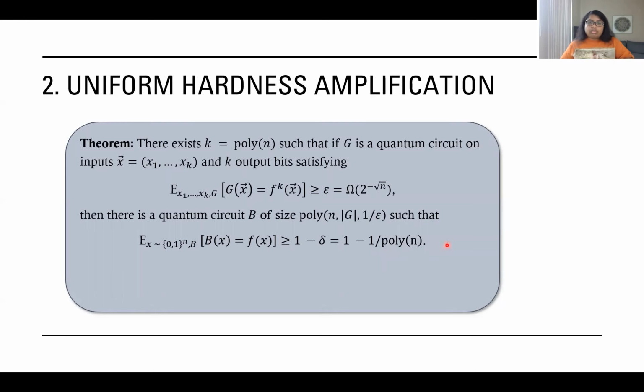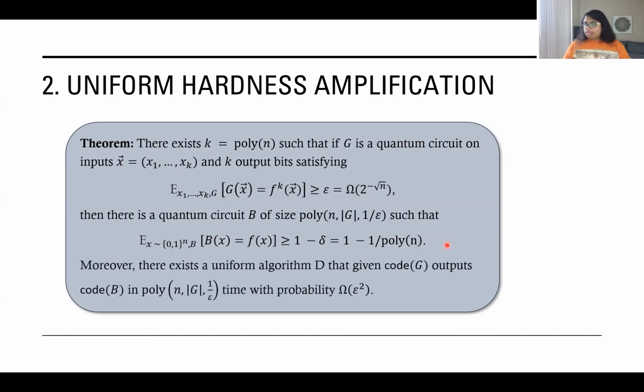So I can solve it with very high probability. Just for technical reasons, because you want this recipe to be efficient, you have the idea that you can manipulate the code and construct the circuit. But the main idea is kind of here.